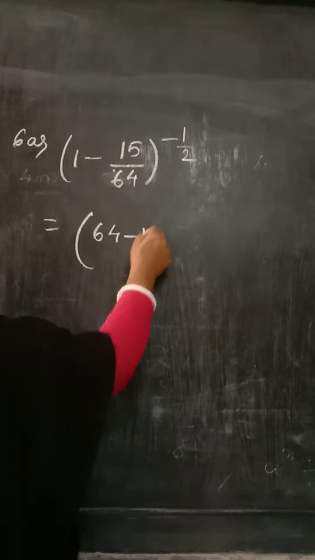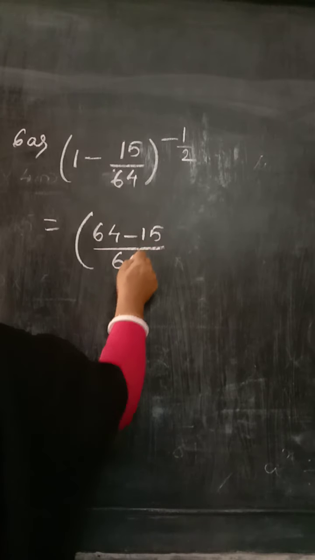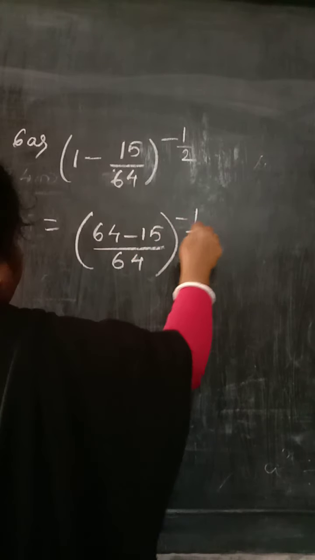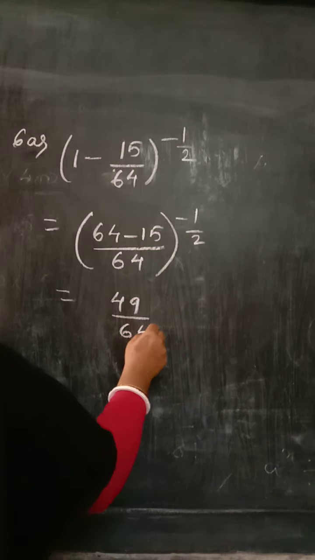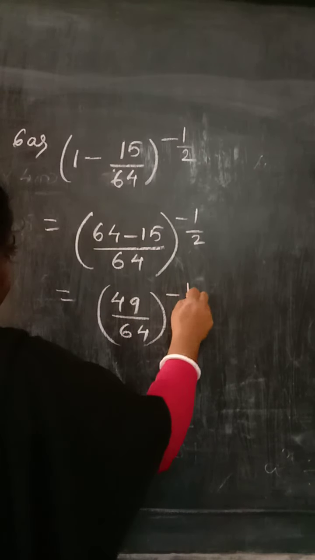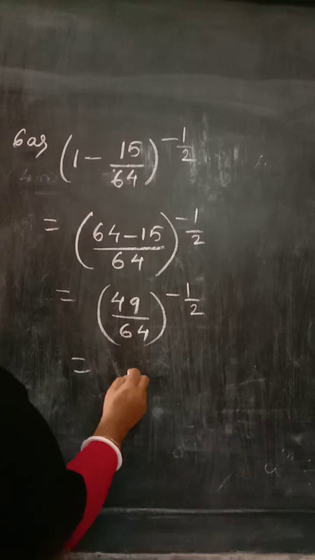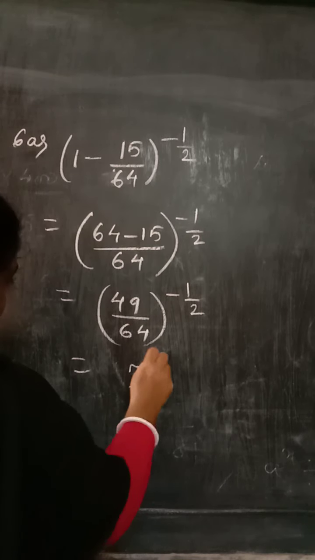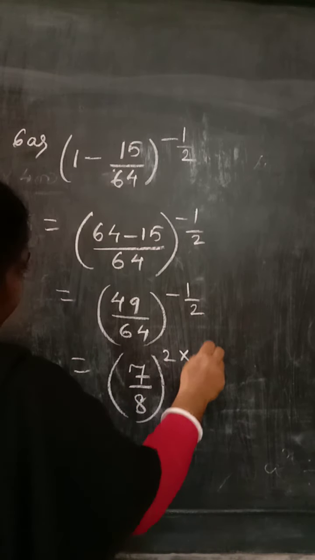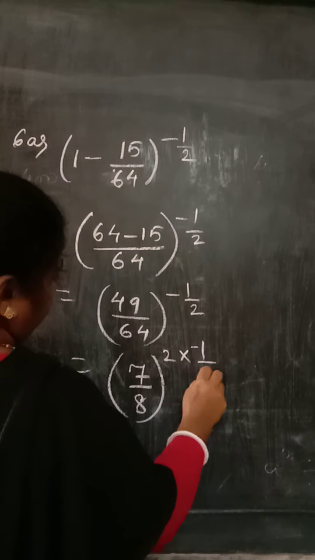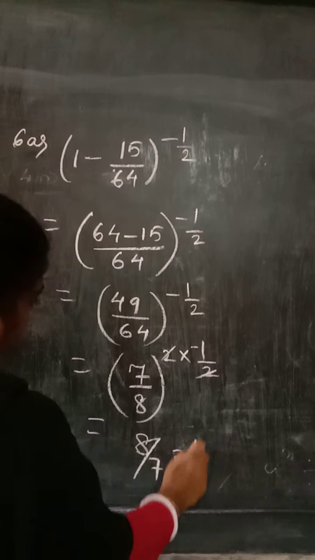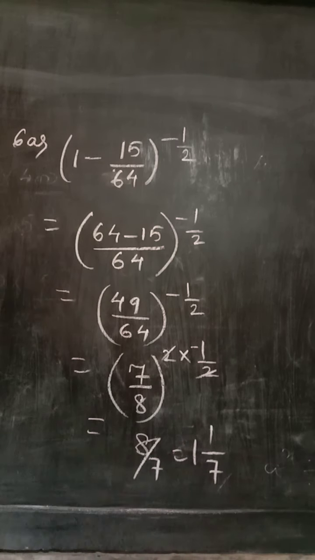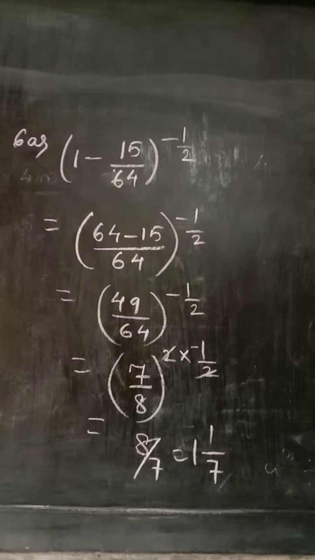It gives you (64 minus 15) by 64 to the power minus 1 by 2, or this is 49 by 64 to the power minus 1 by 2, or may I write it as (7 by 8) squared to the power minus 1 by 2. Now 2 is cancelled, so the answer is 8 by 7 or 1 whole 1 by 7. This is question number 6a.